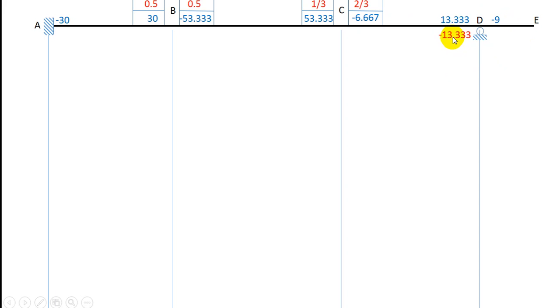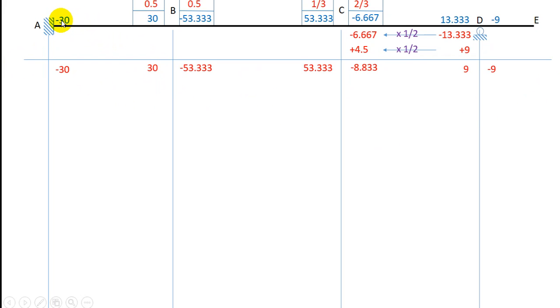I'll provide minus 13.333 so as to make it 0, and then I'll add plus 9. When you take it to the immediate next support, it becomes half, so it is minus 6.667, and when I add plus 9, it becomes plus 4.5. Now I'll sum it up.